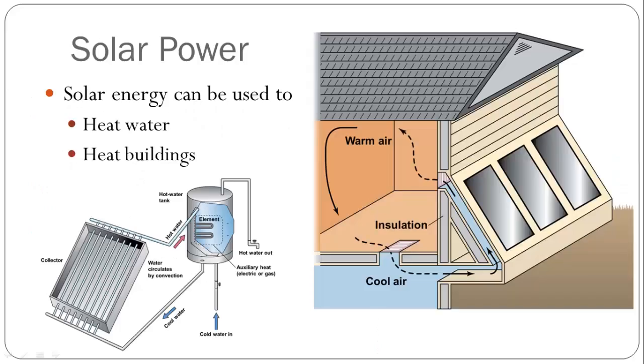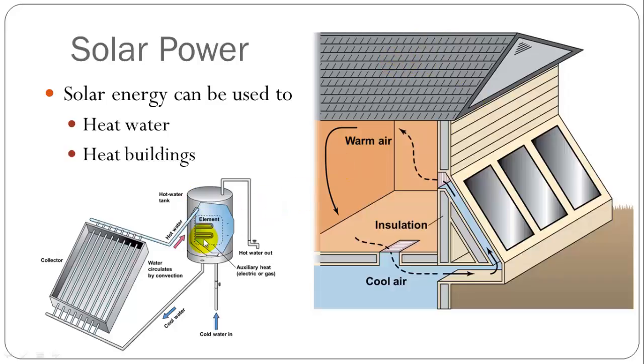Solar power is sometimes used for not necessarily electricity, but just for heating homes or heating water. So there are some water containers that you can put on your roof.